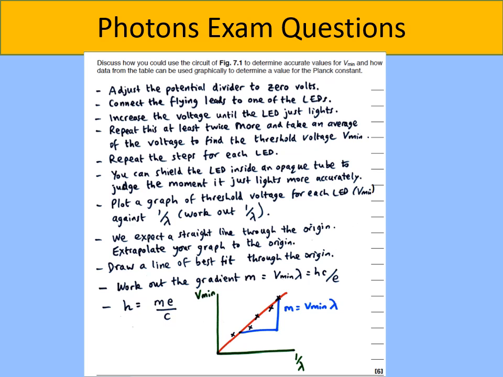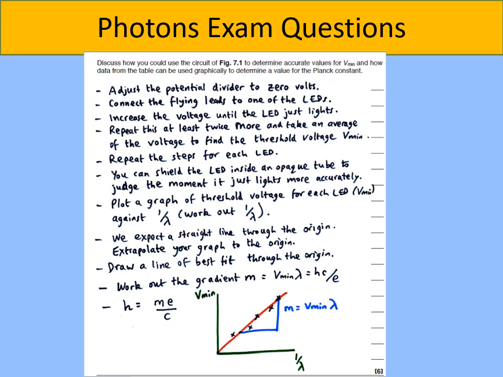Then we can work out the gradient m, which is equal to V min multiplied by the wavelength, which is also equal to hc over e. If we rearrange that equation and substitute in V min multiplied by lambda with the gradient m, we are left with h is equal to me divided by c.